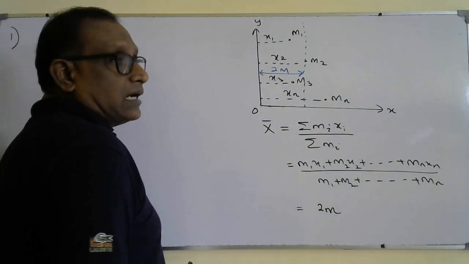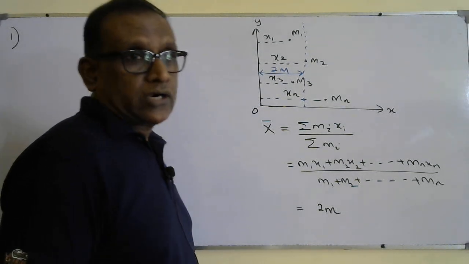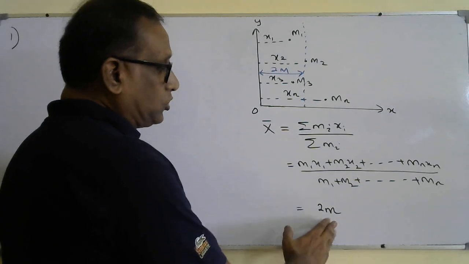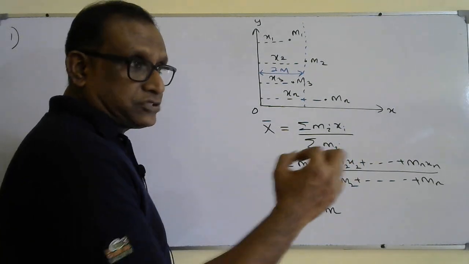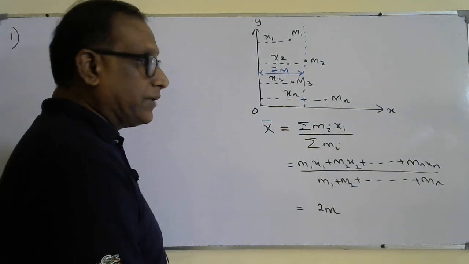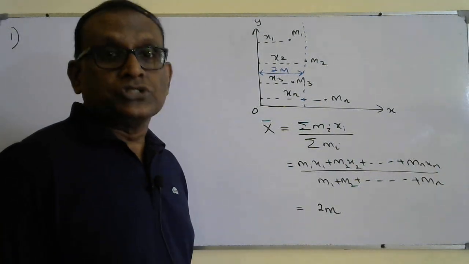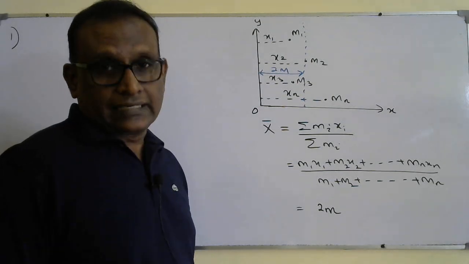Okay, but if they ask you to find the x coordinate of the center of mass, for example, you found 2 meters, but you can't find the actual point, then what should you do? You have to find the center of mass for the same system of particles from the x-axis, that is the y coordinate of the center of mass. You should follow that approach, we need it in certain questions.